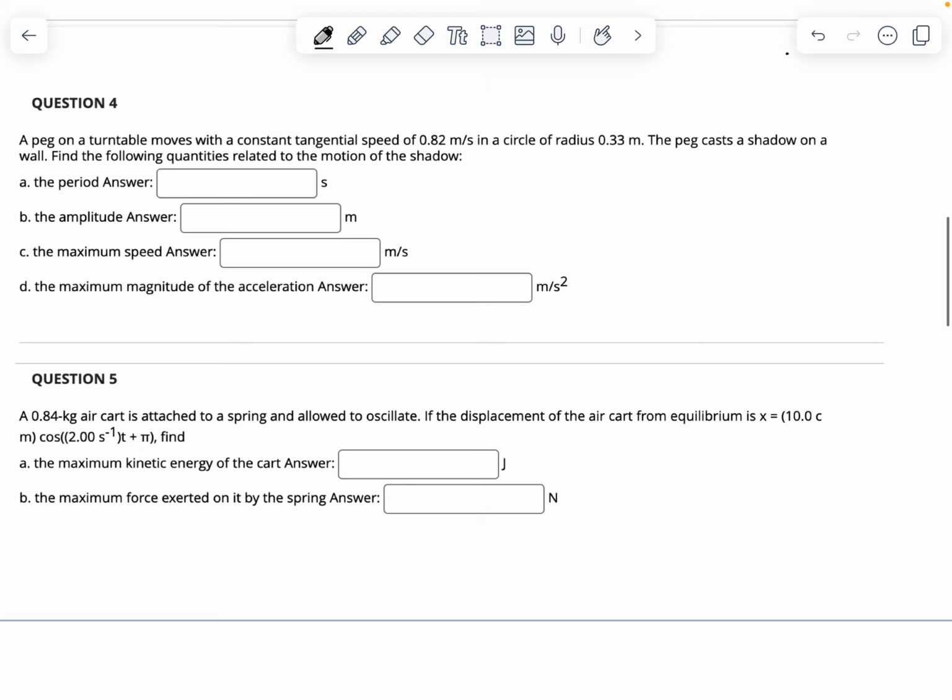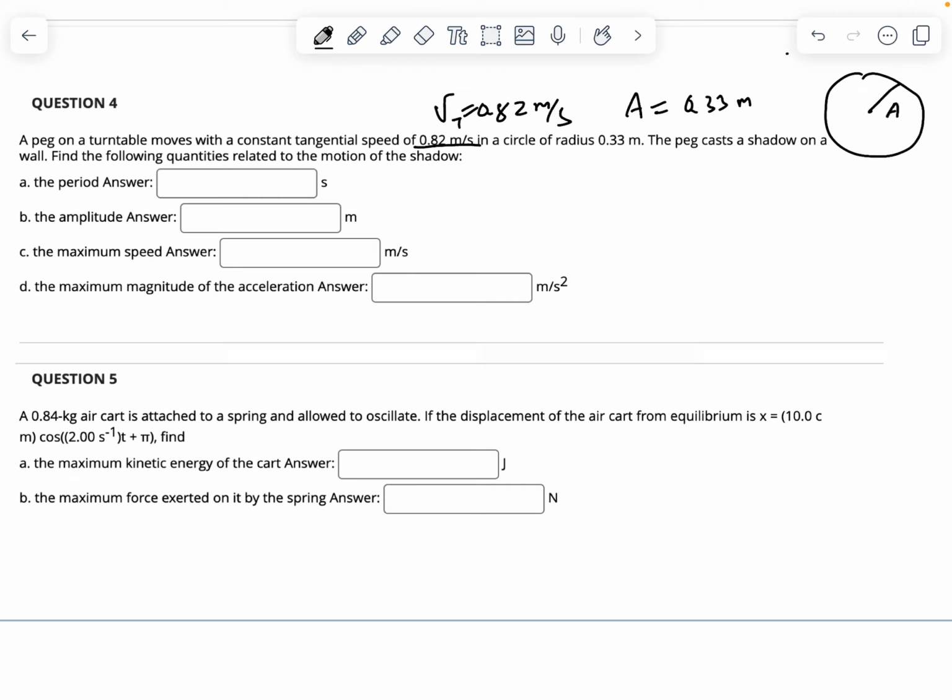Next one is this. A peg on a turntable moves with a constant tangential speed. So this is uniform circular motion with a speed of 0.282 meters per second. That's a tangential speed, let's call it Vt, in a circle of radius 0.33 meter.